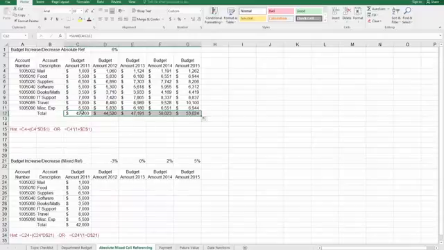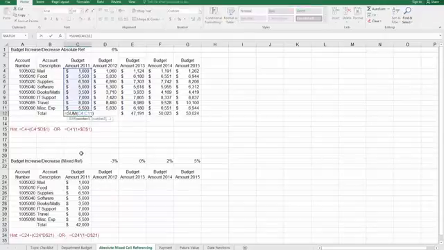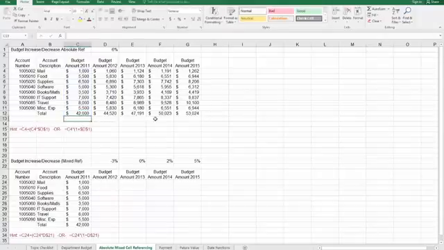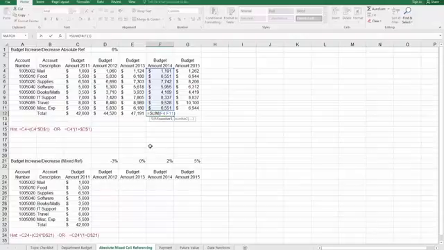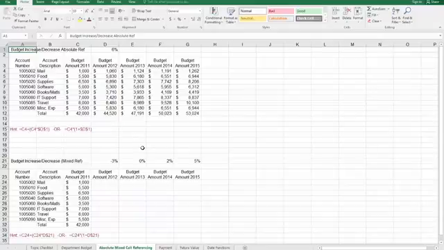So I want my reader to be able to look at the formula in C12, and then when that same reader is on a formula in F12, I want it to be consistent for them. So very important to have consistency. So that's a 6% increase over 4 years, the same amount of increase each year.